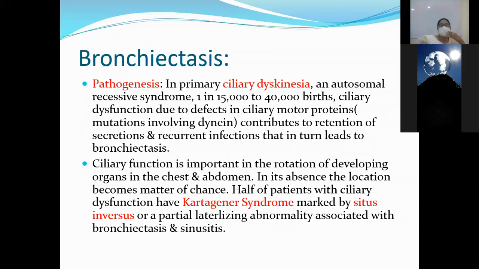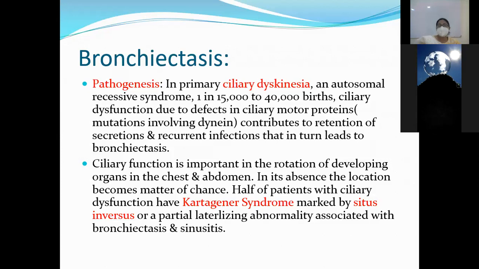Cilia have a major role in clearing mucus. Whenever there is a defect in ciliary motor proteins like dynein, cilia can't do their function well, and there is retention of mucus and a thick mucus plug.